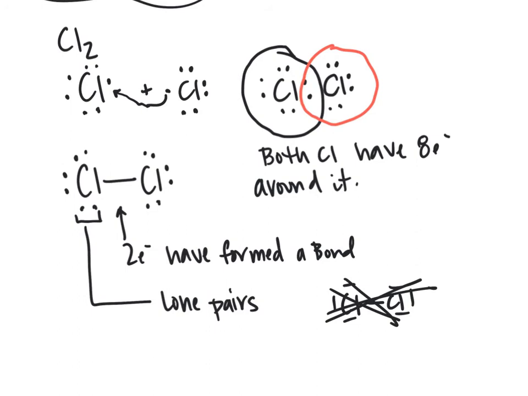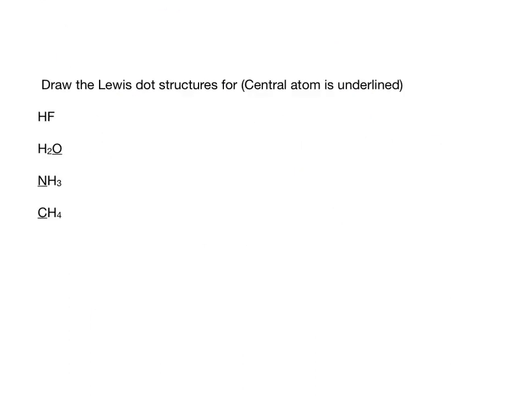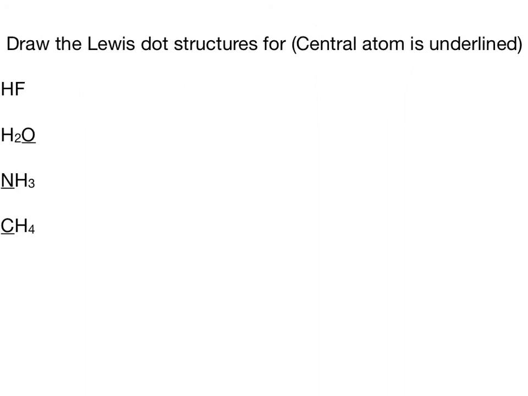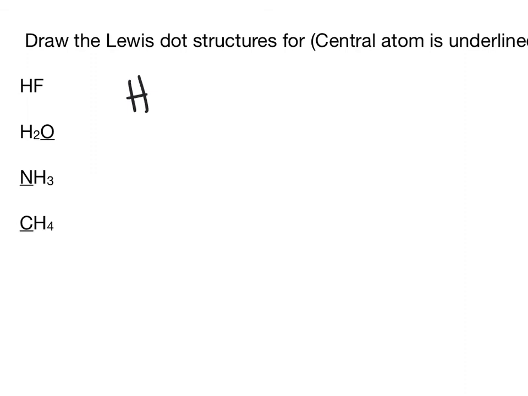So as we start to think about molecules and how they fit together, let's think about what that means. Let's draw some Lewis dot structures. When we set these up, I will always underline the central atom, unless it's just 2 elements, or in rare cases 3. But if they don't have an underline, they connect together in a single linear line. So let's look at HF.